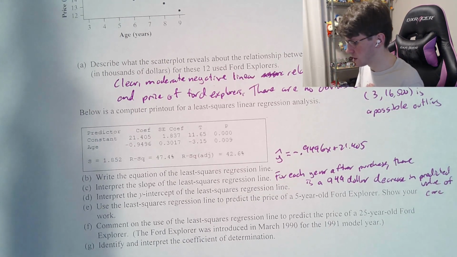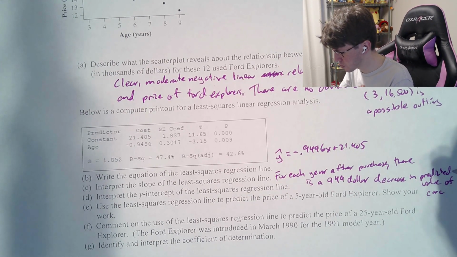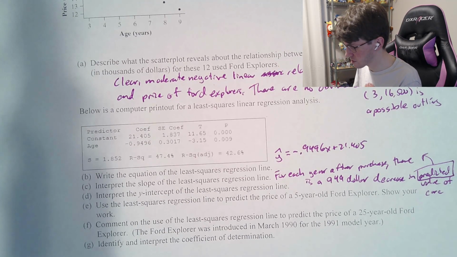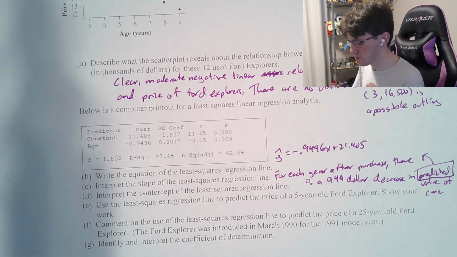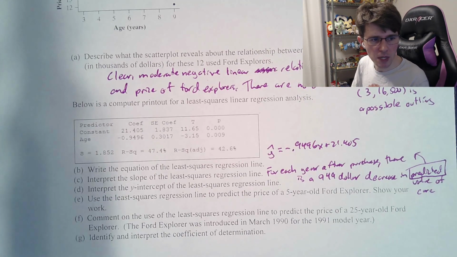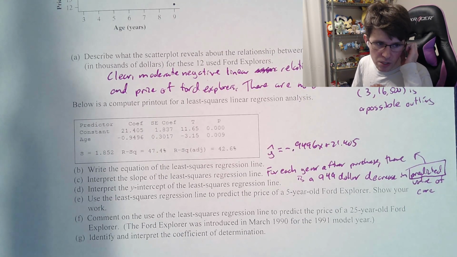Or you could move the word predicted a little better, right here instead of after. For each year after purchase, there is a predicted $949 decrease in the value of the car. That could be a better way of wording it, but it's going to be very, very close.